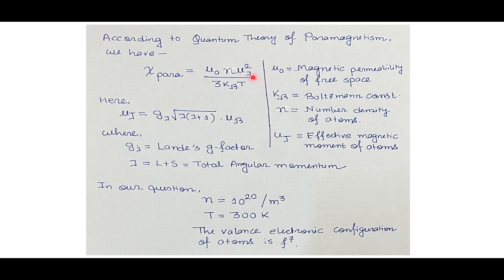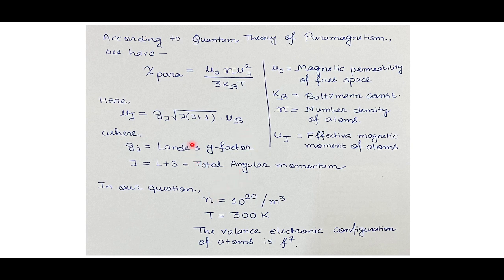Here mu J is basically gJ times root over J into J plus 1, which is p times mu B. Sir, in paramagnetic susceptibility there was a p square. You can see mu J equals p mu B, so that will be p square mu B square. So it's okay if you can remember like this. That's also fine. I usually remember like this.